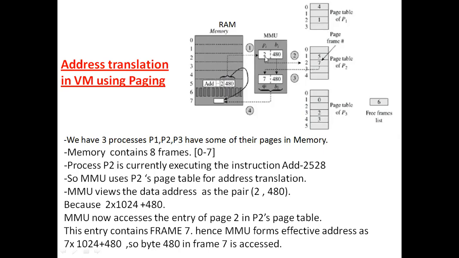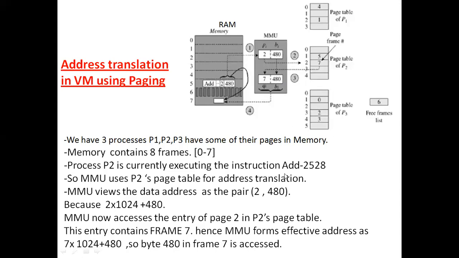Suppose I look at this page 2. This page 2 is stored in which frame? 7th frame. Hence the OS kernel will be able to access the 7th frame. And you can also notice that the offset remains the same.